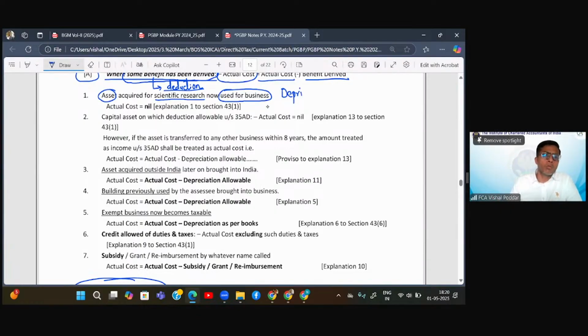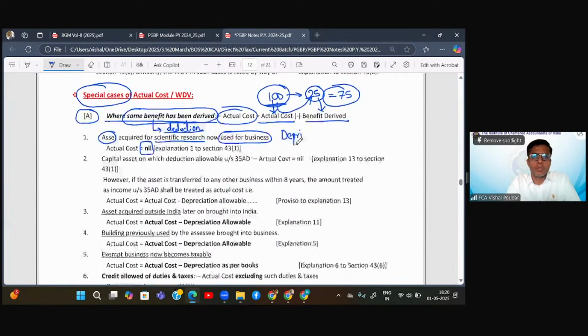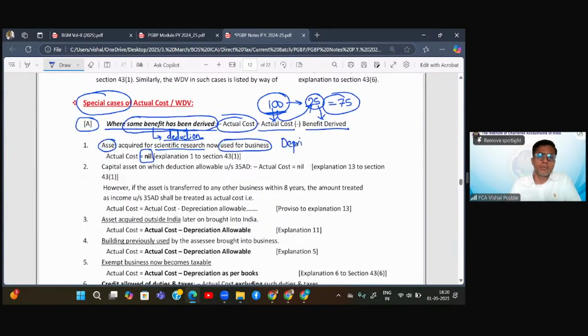But the question is, at what value? The answer is nil. Why nil? Because of this same logic. My cost is 100 and I have already got a deduction of 100 for scientific research. We have already seen that where you are doing in-house scientific research, you are allowed deduction even for capital expenditure. It is an exception to one of our rules.